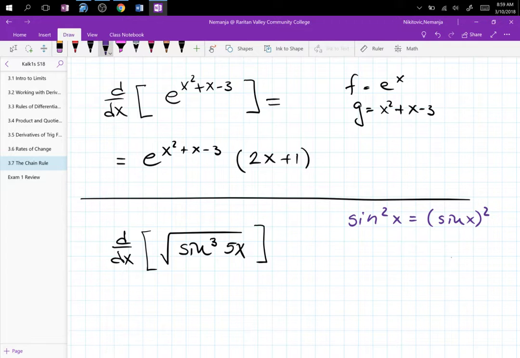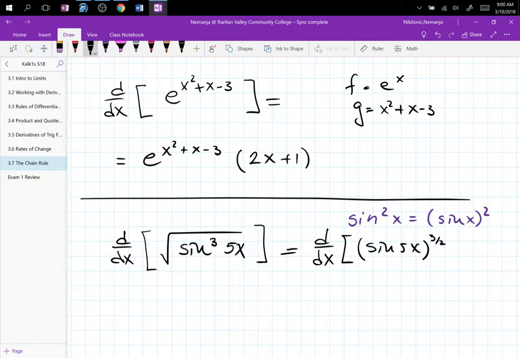So this notation helps us to understand that this 3 and the square root are actually in one fractional exponent. So we get to rewrite this as the derivative of, and then I get to write in parentheses sine 5x, and what exponent? 3/2.